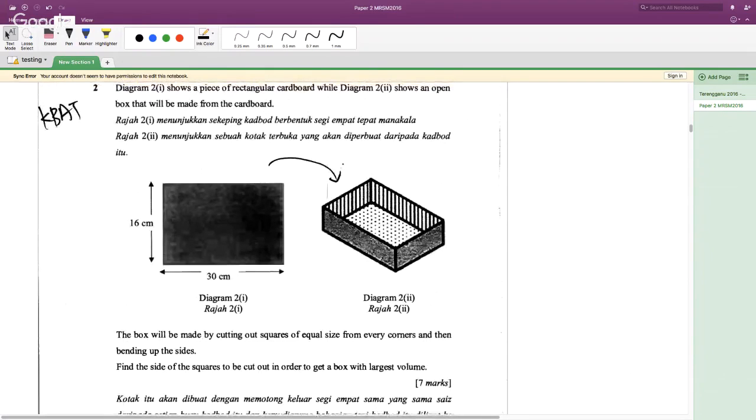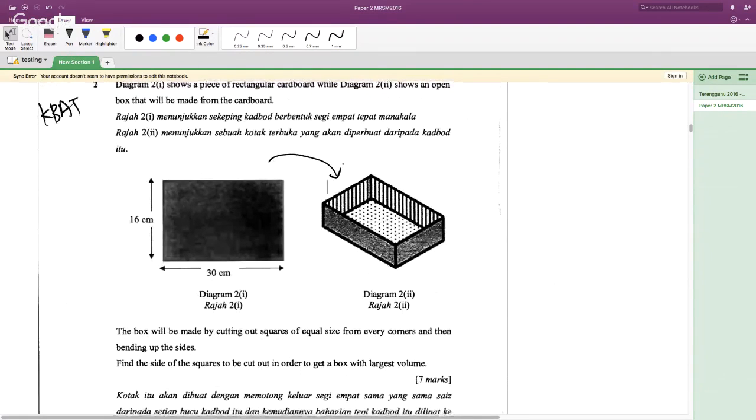The box will be made by cutting out a square of equal size from every corner and then folding up the sides. Find the size of the square to be cut out in order to get a box with the largest volume. Largest volume means maximum volume here.